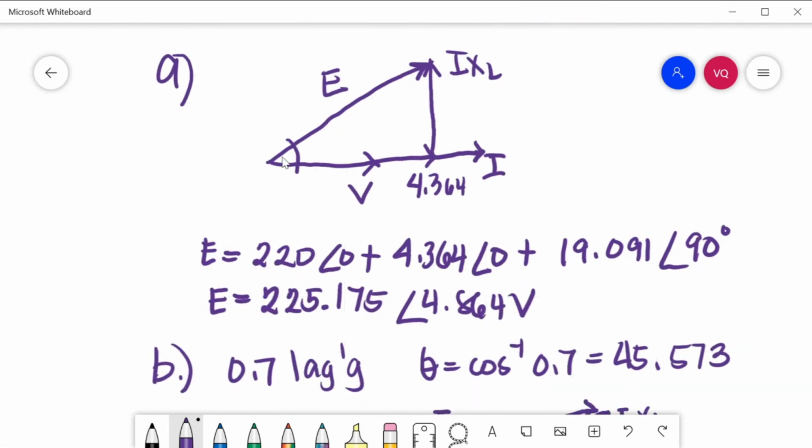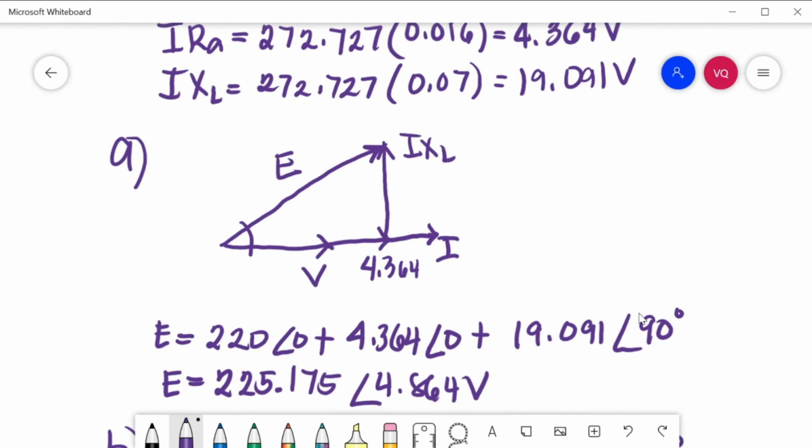You can simply calculate E by the Pythagorean theorem for the magnitude only. If you want to get the magnitude and the direction, you can use polar form. E is equal to 220 angle 0 plus 4.364 angle 0, angle 0 because the IRA and the voltage and the current are in phase, plus 19.091 angle 90.